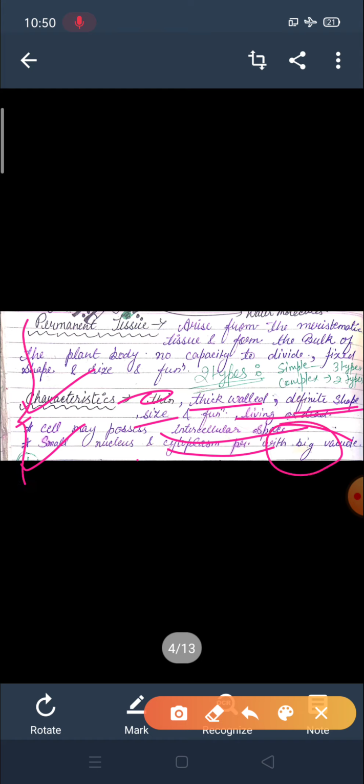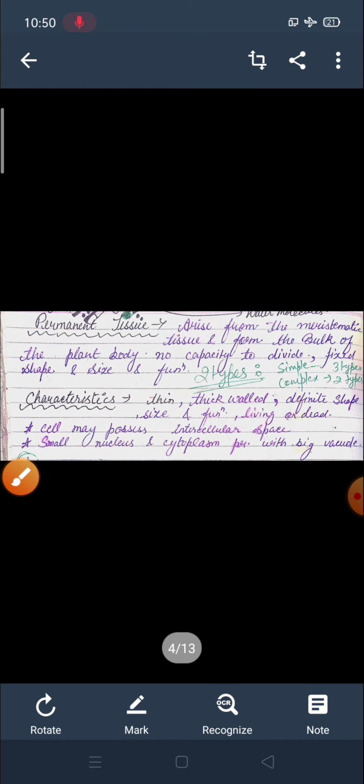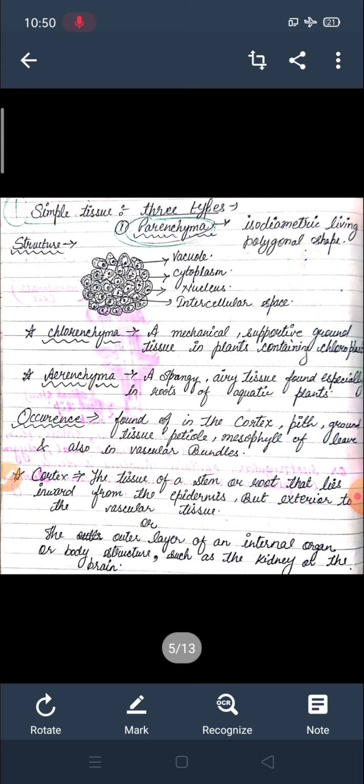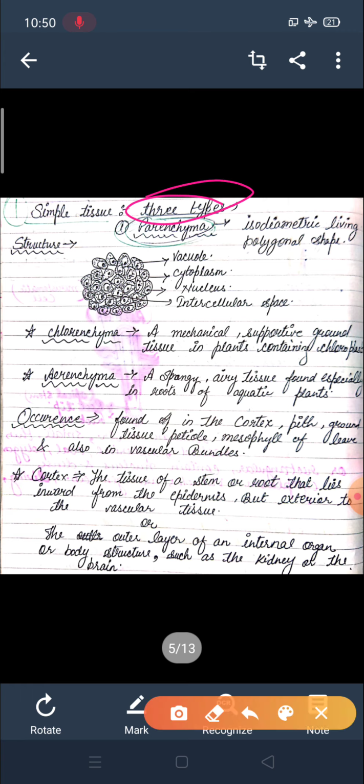Now we are moving towards the types of permanent tissue, and first is simple permanent tissue. I have told you that they are of the following three types: parenchyma, collenchyma, and third one sclerenchyma.